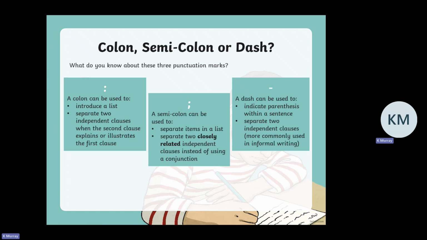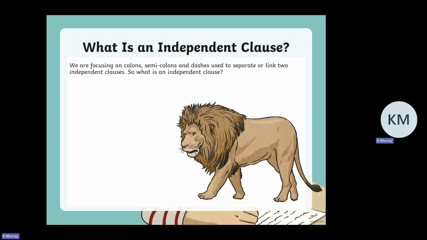Okay, so what does this look like? Before we go any further, we've got to think about what an independent clause is, because we're going to separate independent clauses. So what do I mean by that? Well, an independent clause is a clause that can stand on its own, all right? It needs to make sense. So, for example, the safari was amazing.